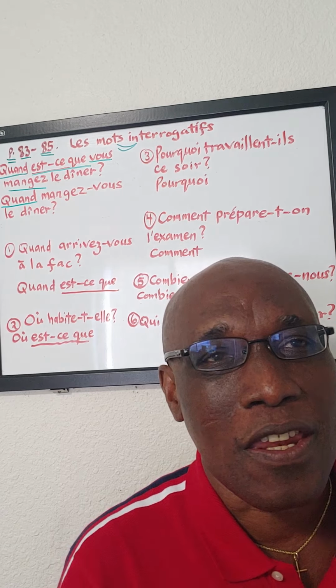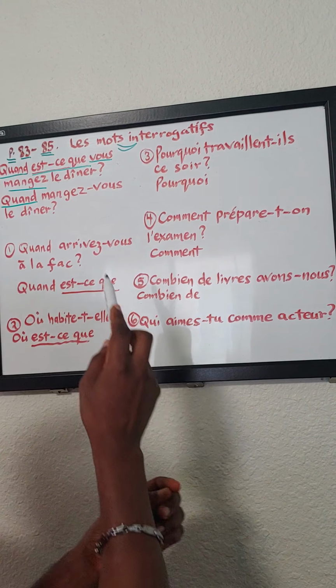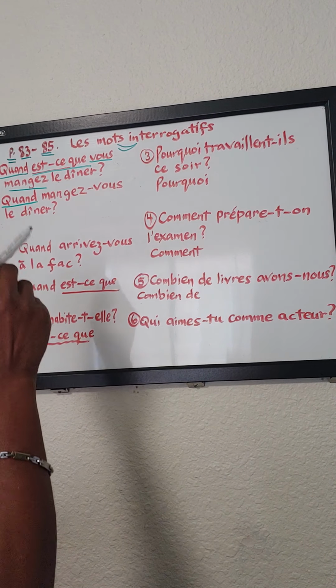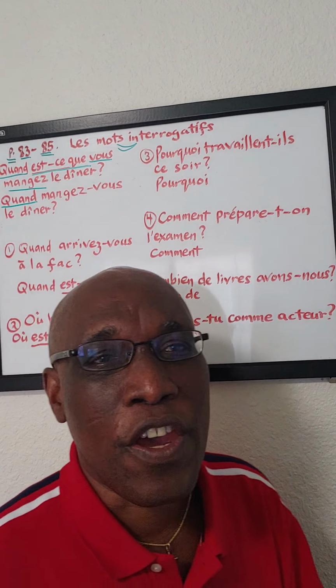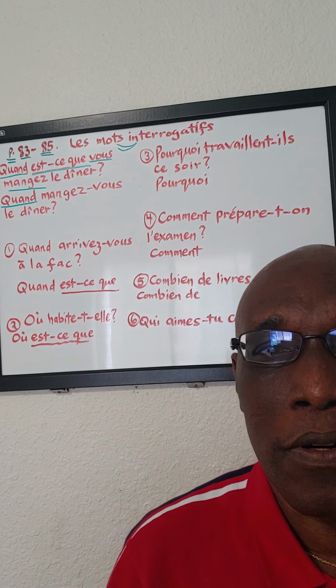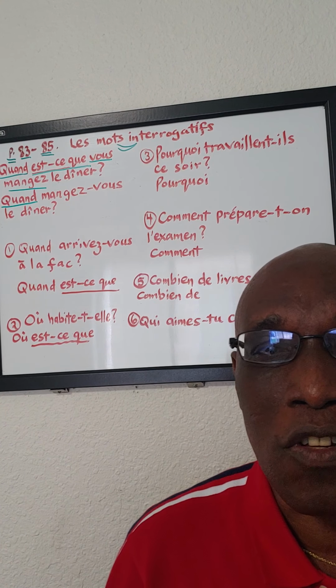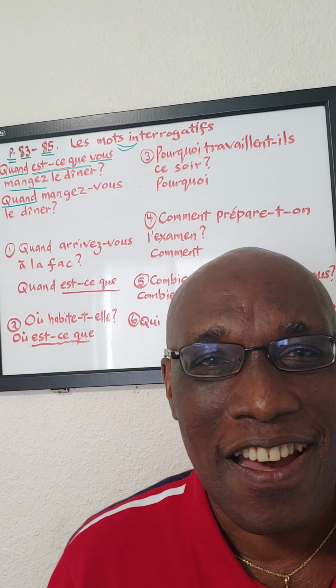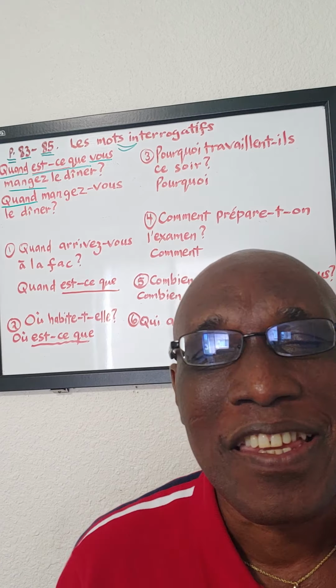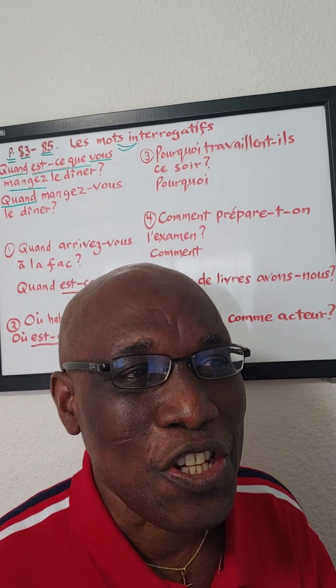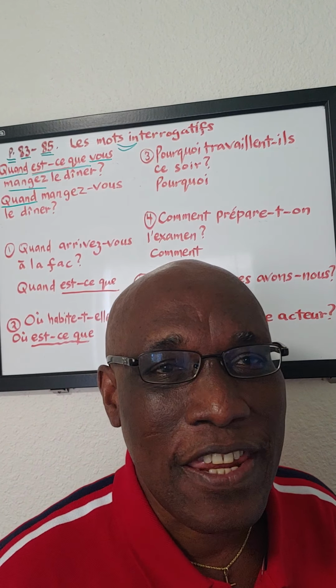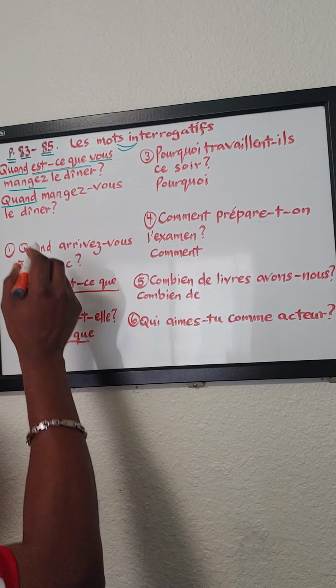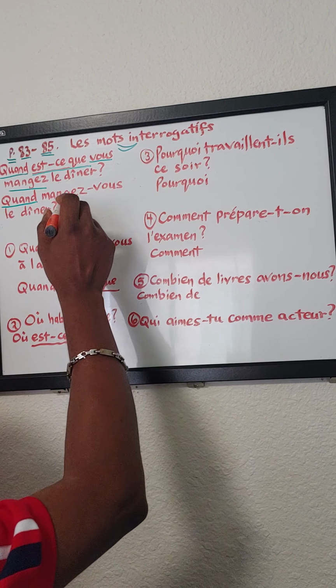The same thing with French. In French, you can do the inversion with any verb, not just the verbs can and to be as in English. So here, you do away with the est-ce, right?